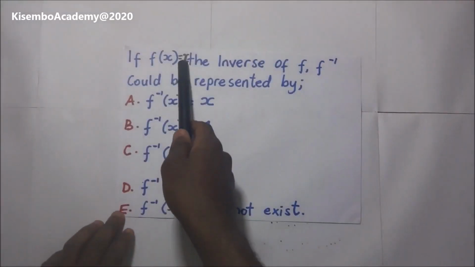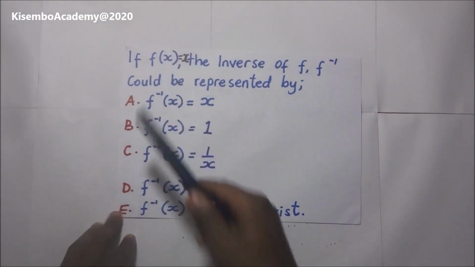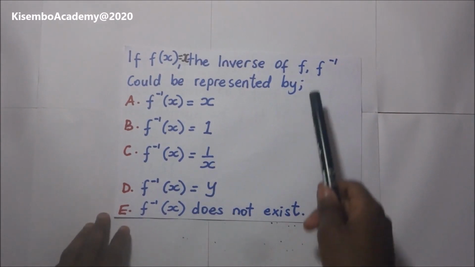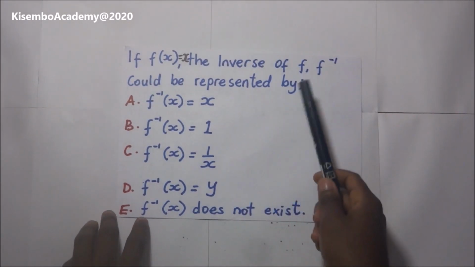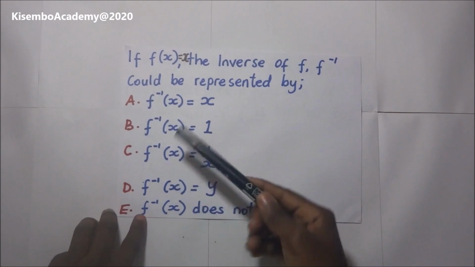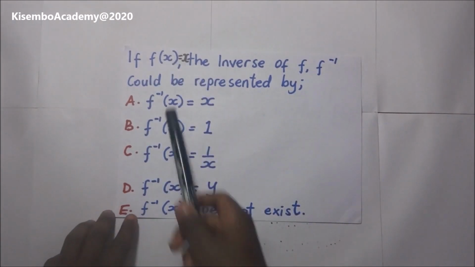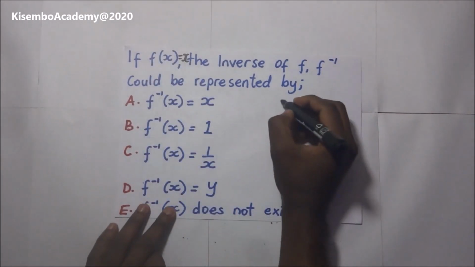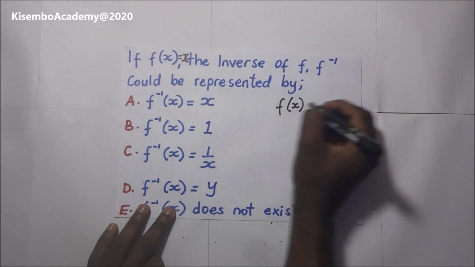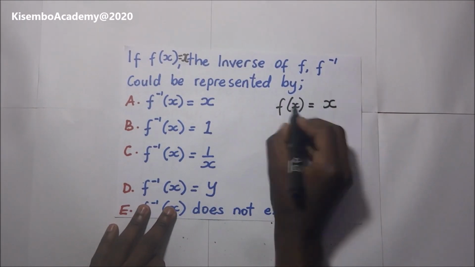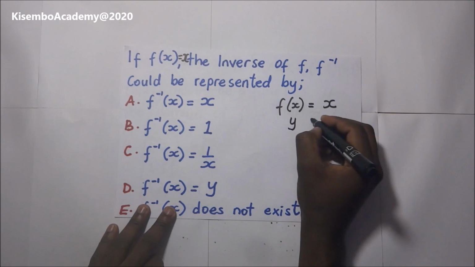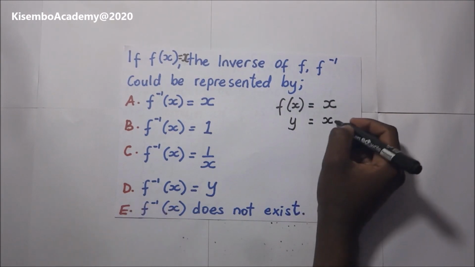If f of x is equal to x, the inverse of f, which is f to the power negative 1, could be represented by one of these. So if f of x is equal to x, let's call this y, meaning that y is equal to x.